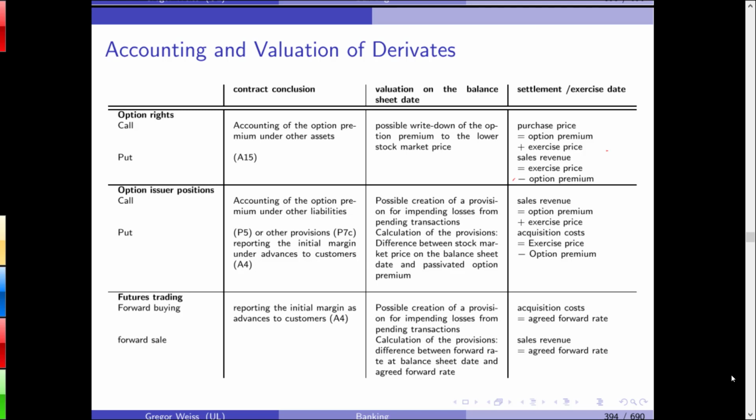Now, I told you that financial derivatives can be quite risky. However, if you use them for a hedging purpose, this means that you are trying to hedge a risk that is already on your balance sheet. For example, you have an interest-bearing position, like a loan, or a fixed income product, and you want to use an interest rate swap or an interest rate derivative to hedge this risk.